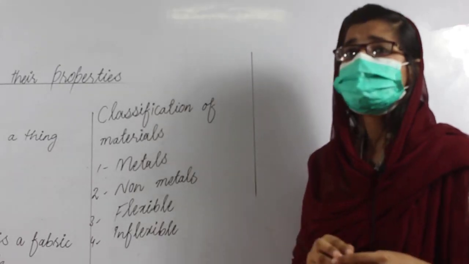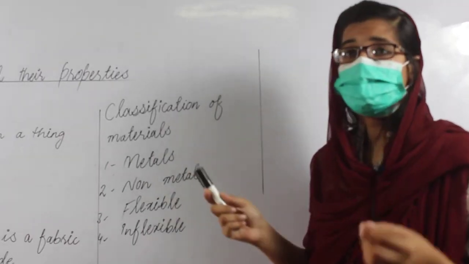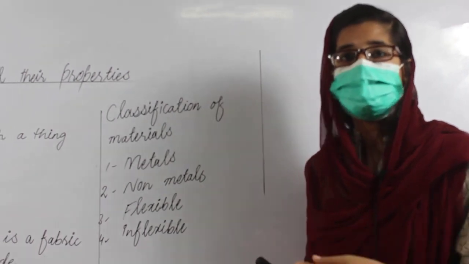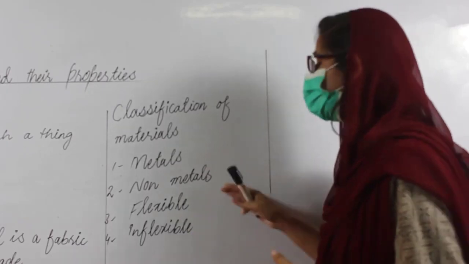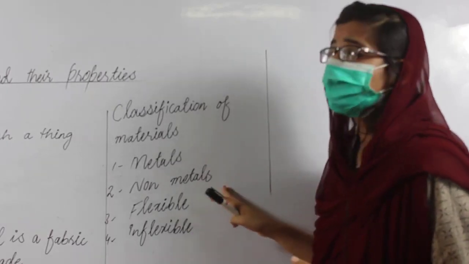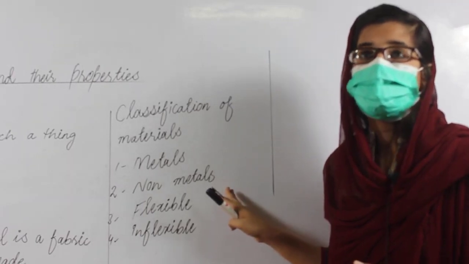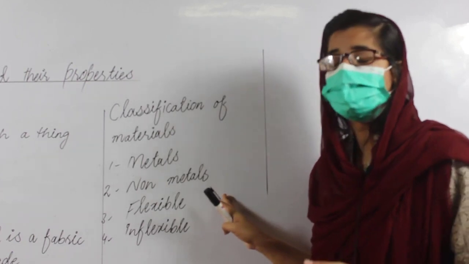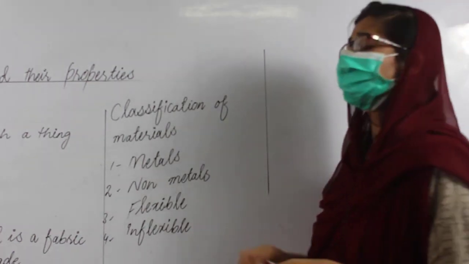For example, iron is the best example of a metal because it allows electricity and heat to pass through it. Non-metals are the inverse of metals. They cannot allow electricity and heat to pass through them. For example, wood cannot allow electricity to pass through it.